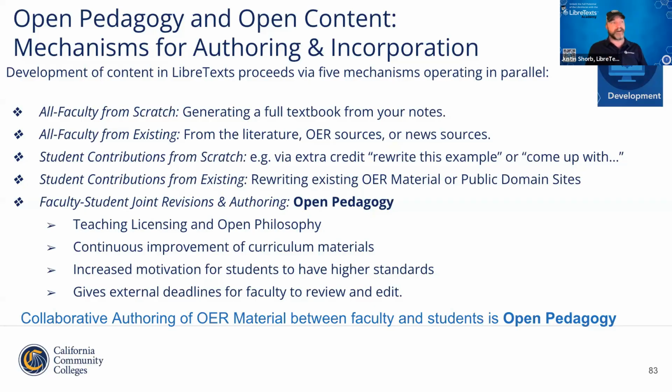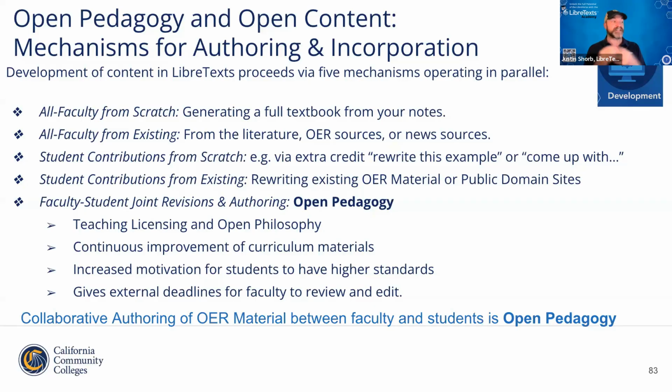And then you can also use what is called open pedagogy, where you engage in faculty and student joint revisions and authoring. So if you collaborate with your students by giving them feedback and reviewing their work and they submit work, this is a really great way for teaching open licensing, what open philosophy is in your class, in your field, and then also to continuously improve your curriculum materials, increase motivation for students to have higher standards in their products, because if their materials are going to be used by next semester's students, they'll want to make it good.